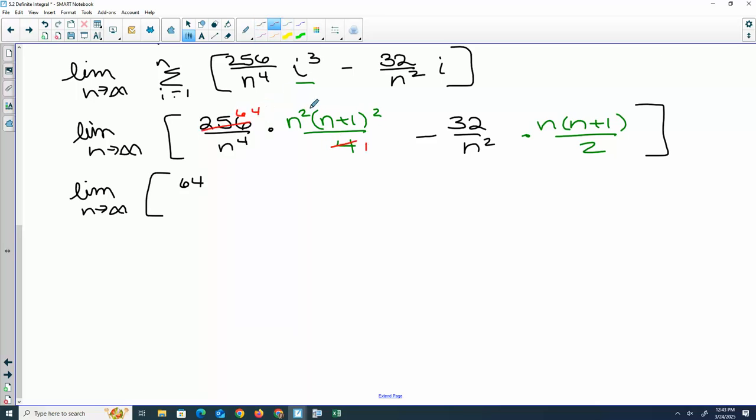I could take out 2n squared right away there. Can I go ahead and FOIL out the n plus 1 squared? 32 divided by 2 is 16. And drop one of those n's.